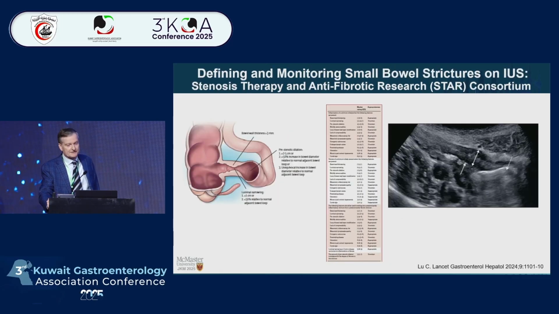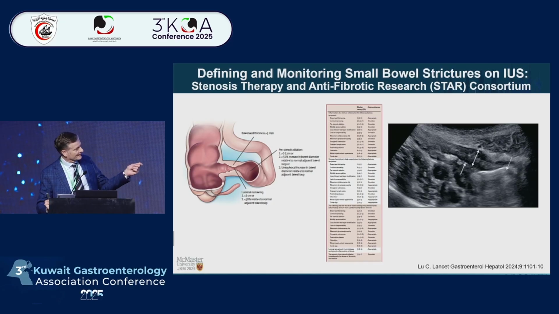So how do we classify strictures? This is from a great review from Kathy Liu, who's a fellow Canadian ultrasonographer, who with an international consortium developed criteria for ultrasound diagnosis of intestinal strictures, and I know there's some enthusiastic ultrasonographers in the room. And really there are 3 components to this.